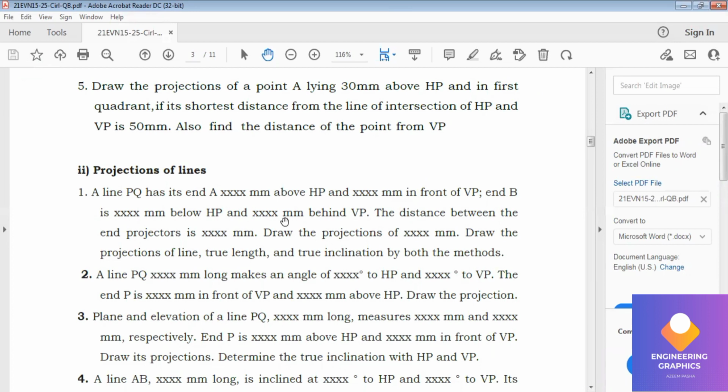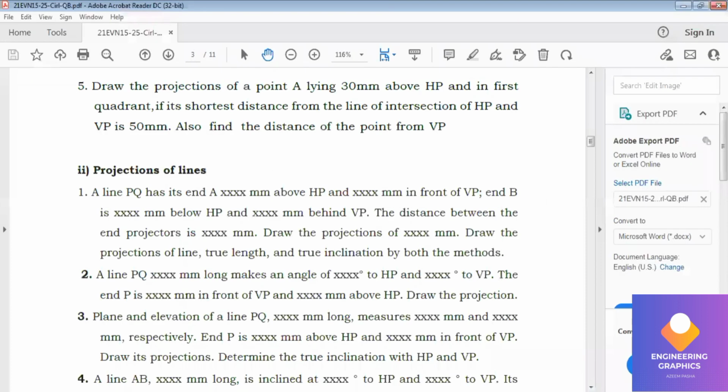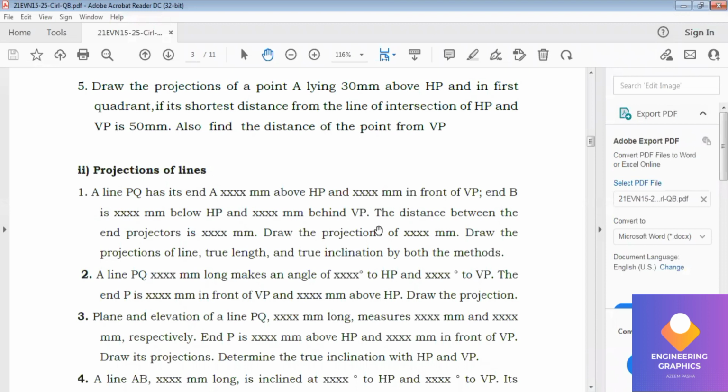Similarly for end B, they have given dash mm below HP and dash mm behind VP. So again we should consider the length here for the end Q also. Here I will consider some distance, 30 mm above HP, and behind VP means it is for the top view.